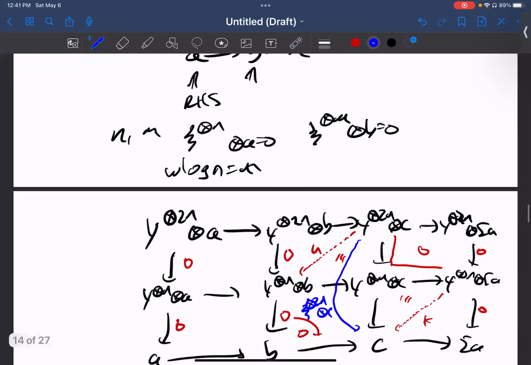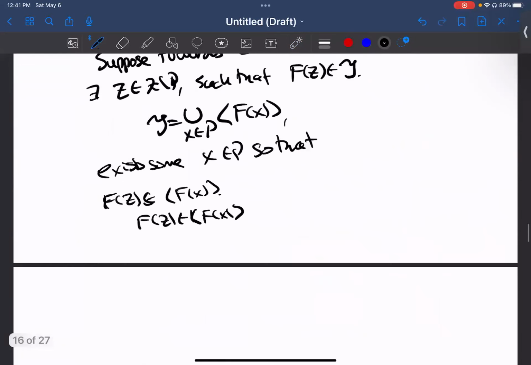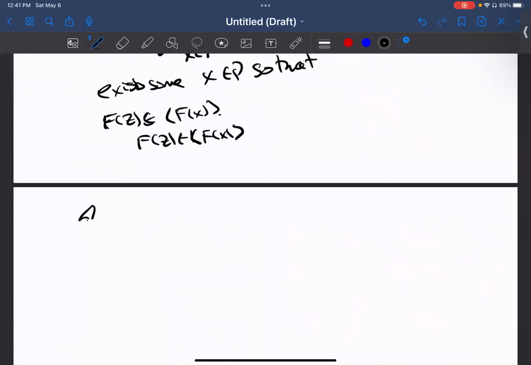So let's note that we have the exact triangle x from yx to 1 to x tensor x dual to sigma yx.